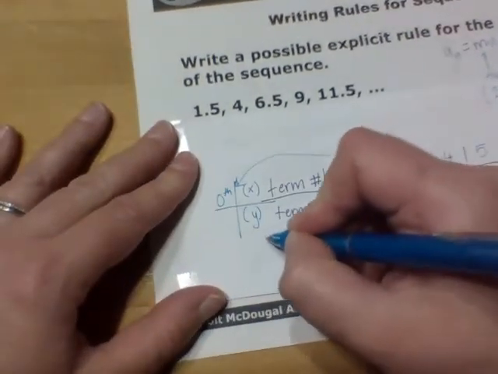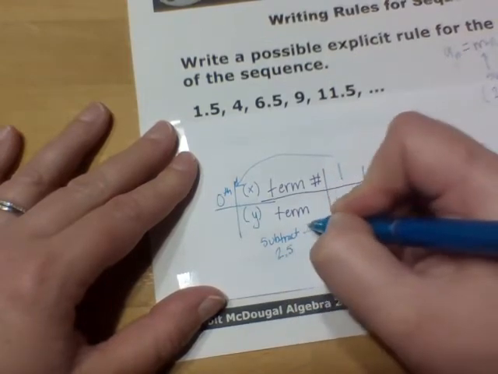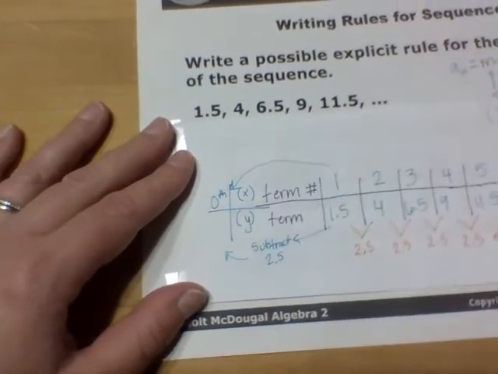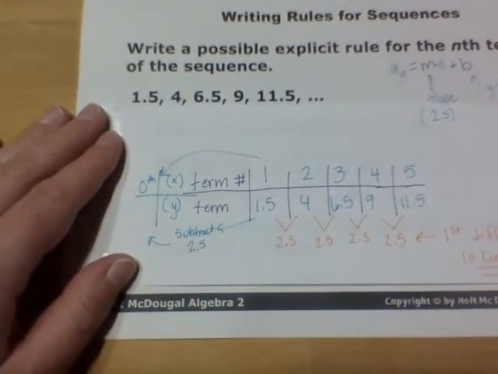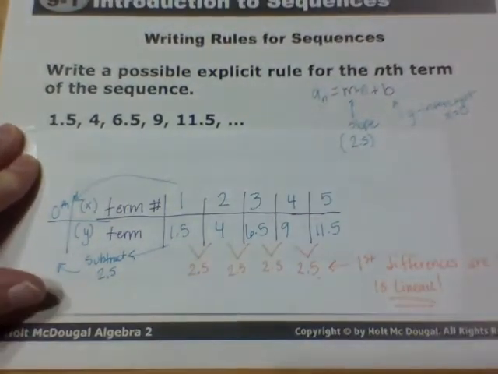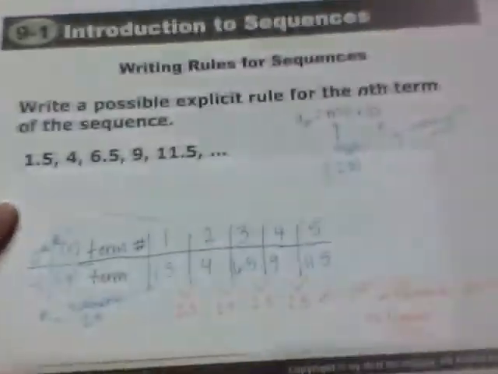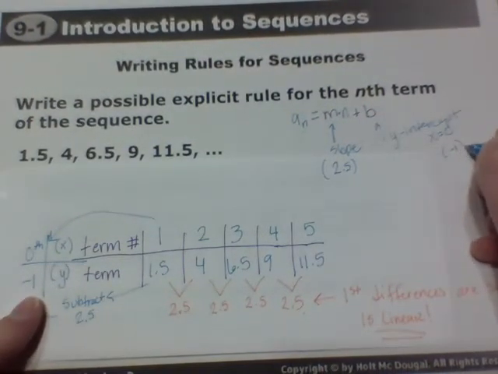So if we subtract 2.5 again, we can get backwards to our 0th term, or our y-intercept, which is what the formula we know uses. So 1.5 minus 2.5 is -1. And so that means that our b value is actually -1.